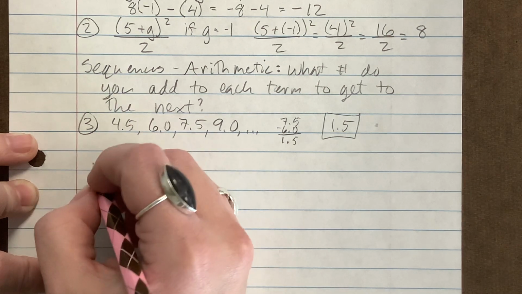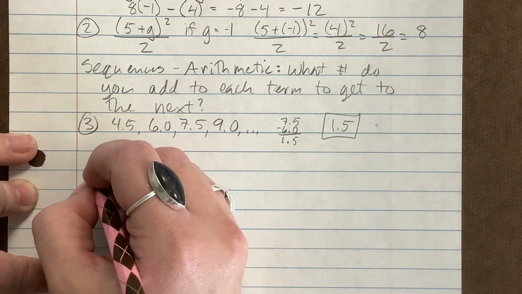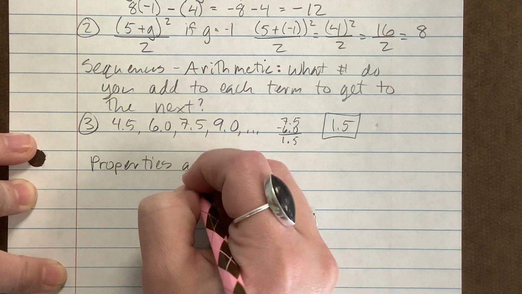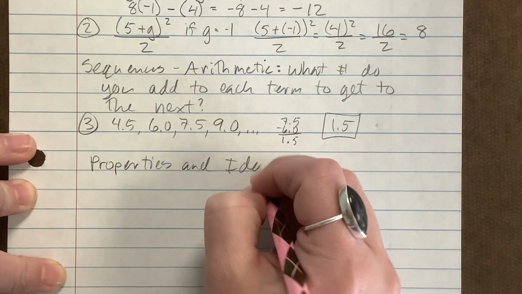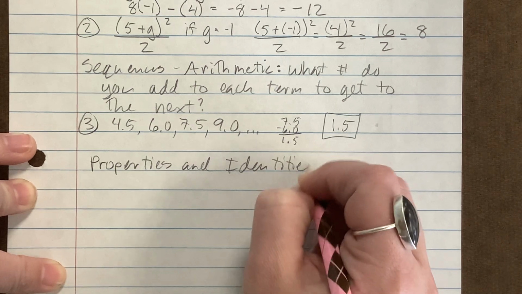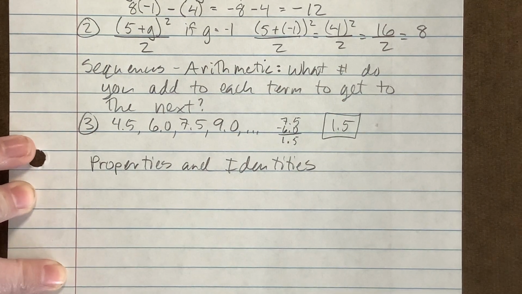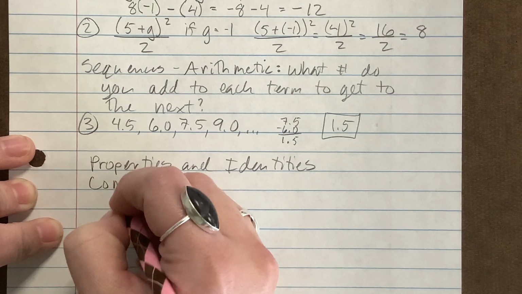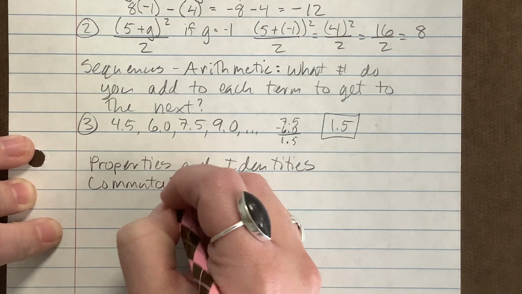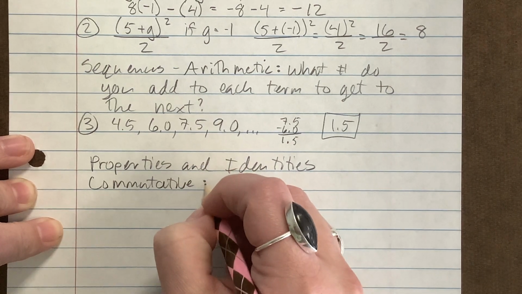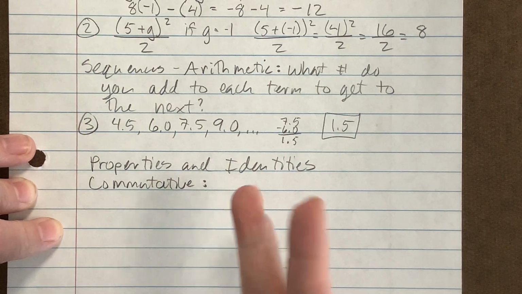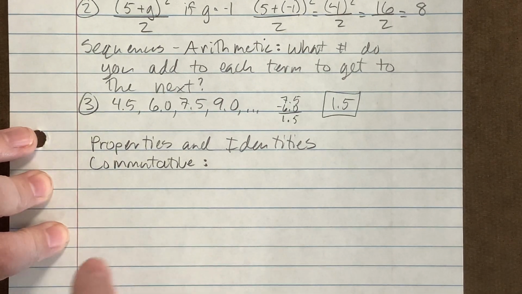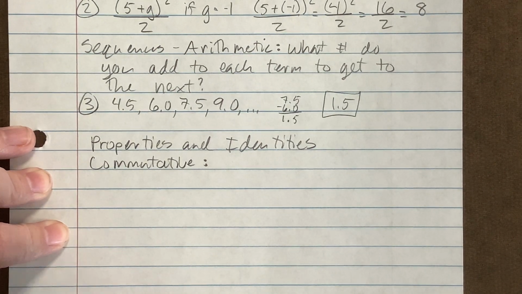Our next section is on all the properties and identities. Okay? So first property is commutative. And that one, remember commute, going on a commute, the numbers can switch places if you only have all addition or all multiplication.